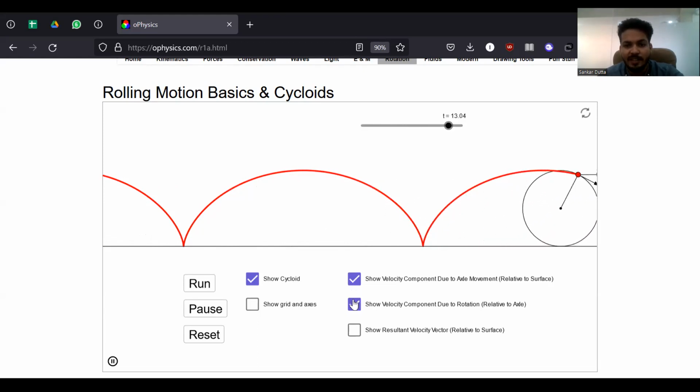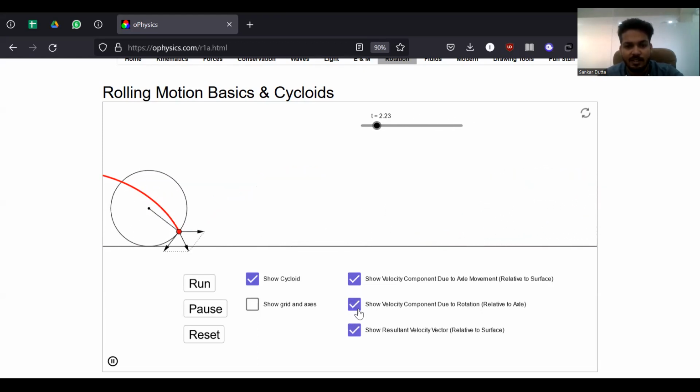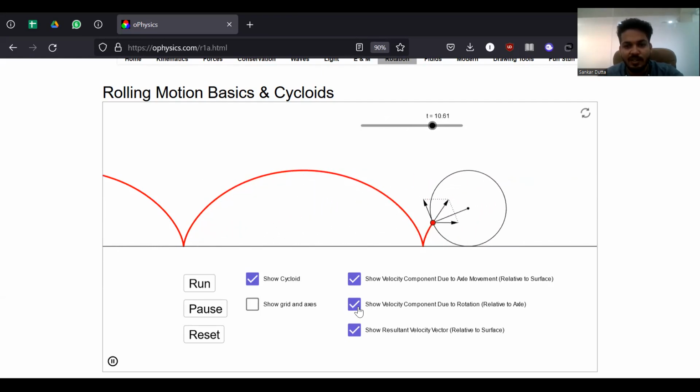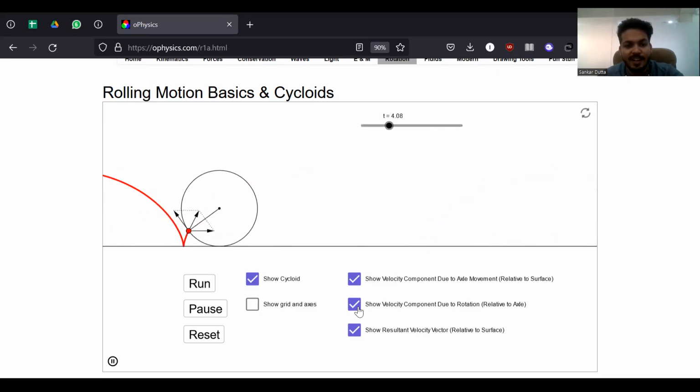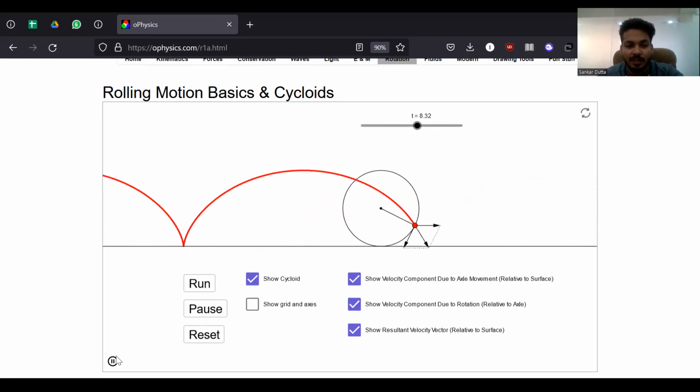Now both of them together, the net velocity will look something like this. Again, here you can see at the bottommost point, the net velocity kind of disappears. Let me try to pause it at that moment. Do you see the net velocity almost disappears at this point? So that is what I was trying to say.